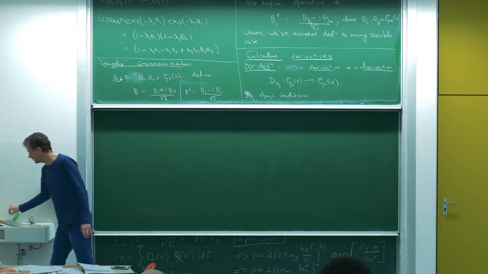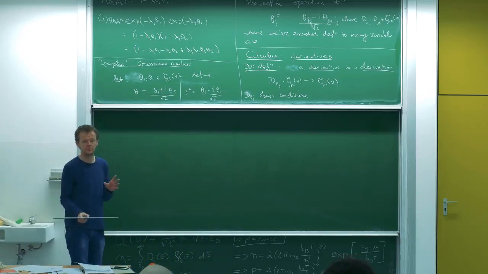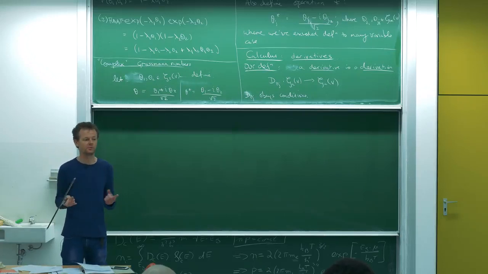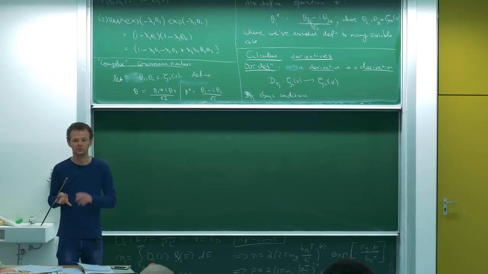So we want this derivation to behave like a derivative. We want it to obey a kind of chain rule and a kind of product rule.